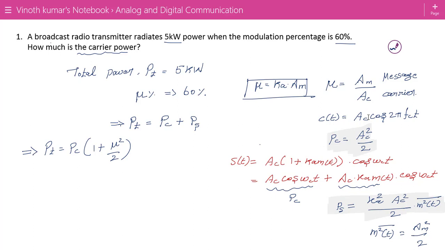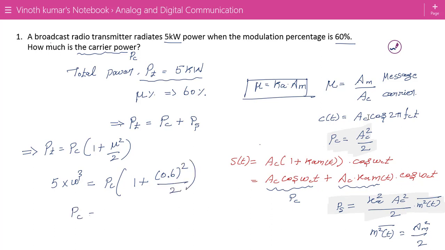So we know PT. What is PT? That is 5 kilowatt. 5 into 10 to the power 3 is equal to, we need to calculate PC, carrier power, that is PC into 1 plus mu square divided by 2. The modulation value given is in percentage, so we have to write it as 0.6.